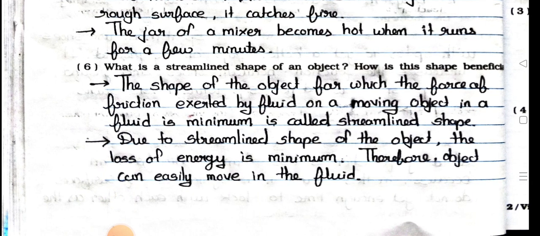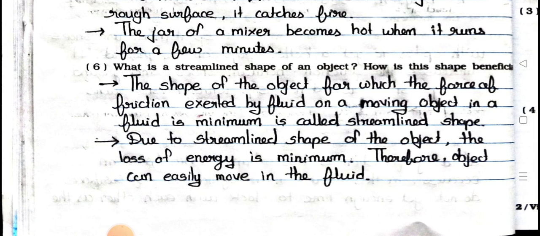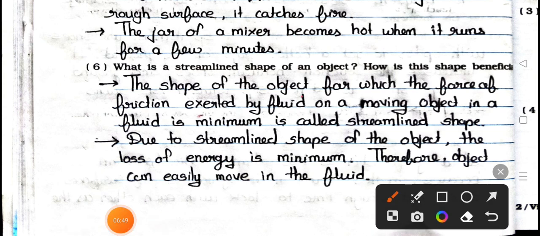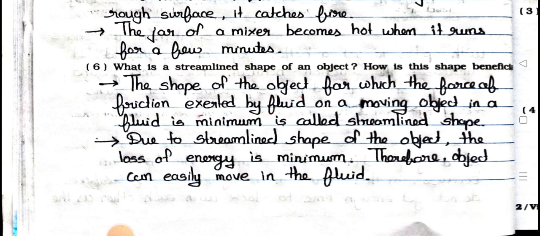Now see the question number 6. What is a streamlined shape of an object? How does this shape benefit? Answer is the shape of the object for which the force of friction exerted by fluid on a moving object in a fluid is minimum is called streamlined shape. Due to streamlined shape of the object, the loss of energy is minimum. Therefore, object can easily move in the fluid.